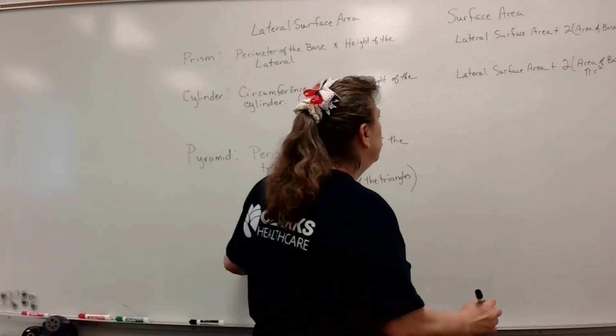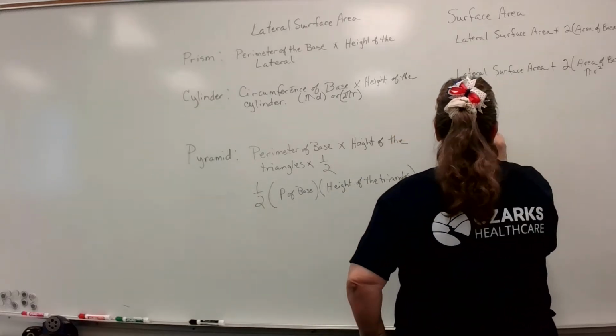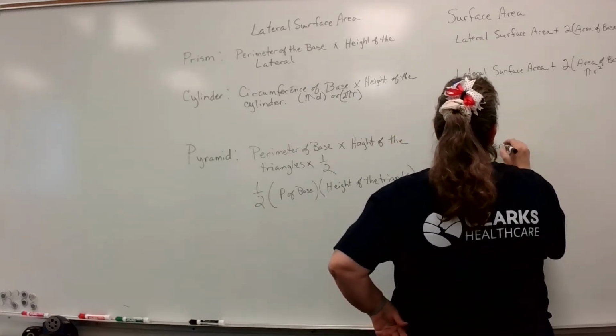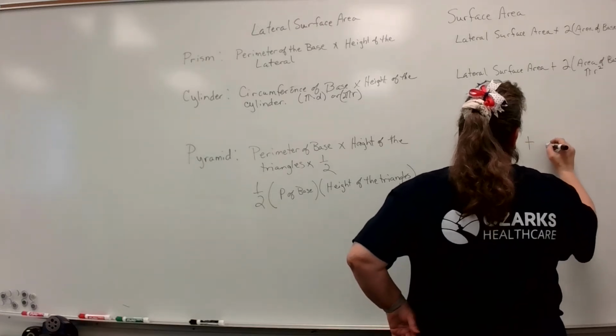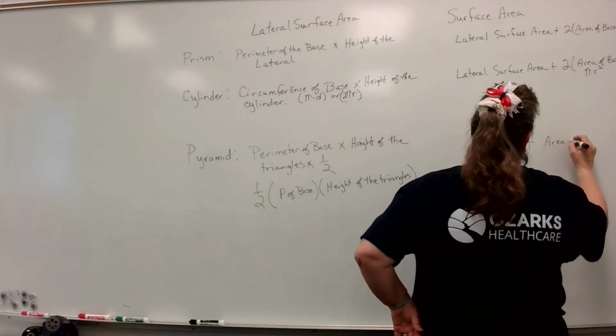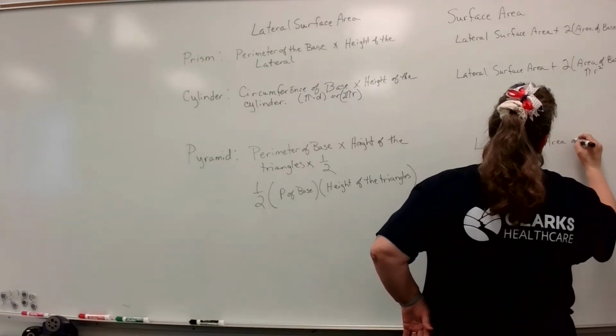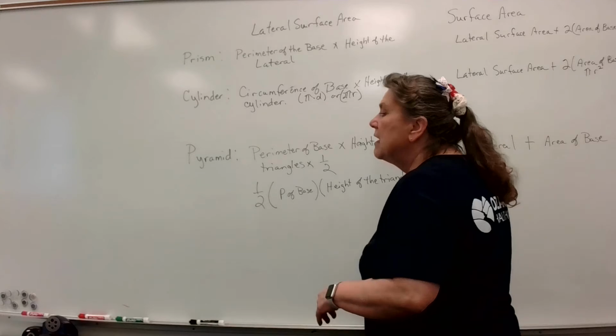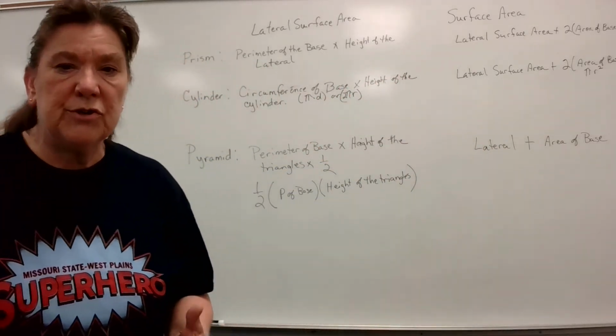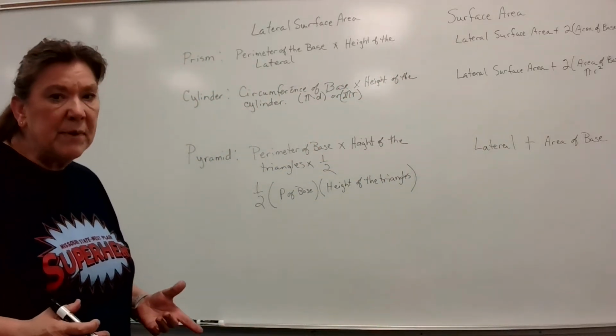And now, to be a surface area, it is your lateral plus area of the base. And in this case, there's only one base. So you see, that kind of simplifies down your surface area just a little bit.